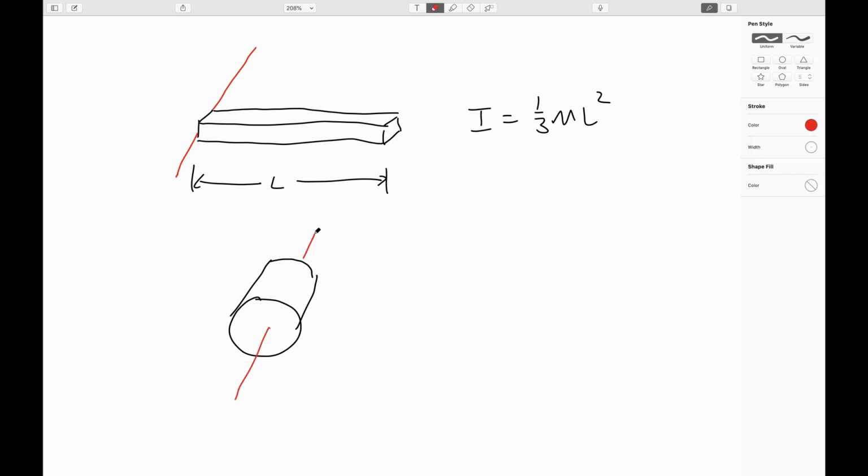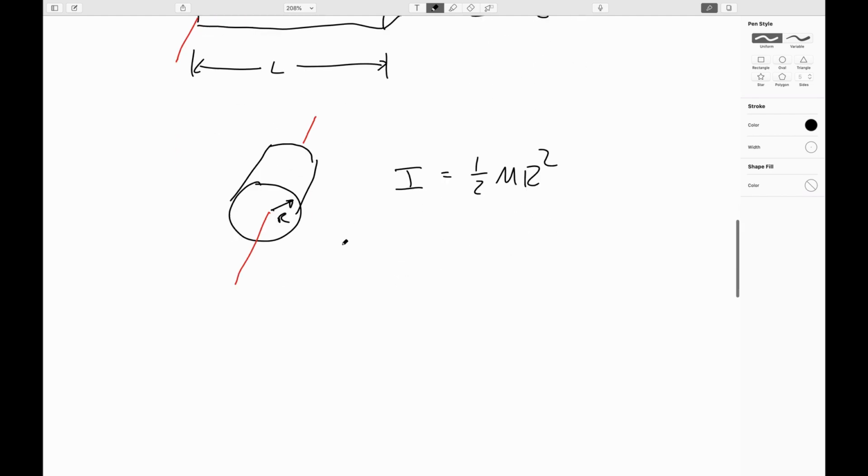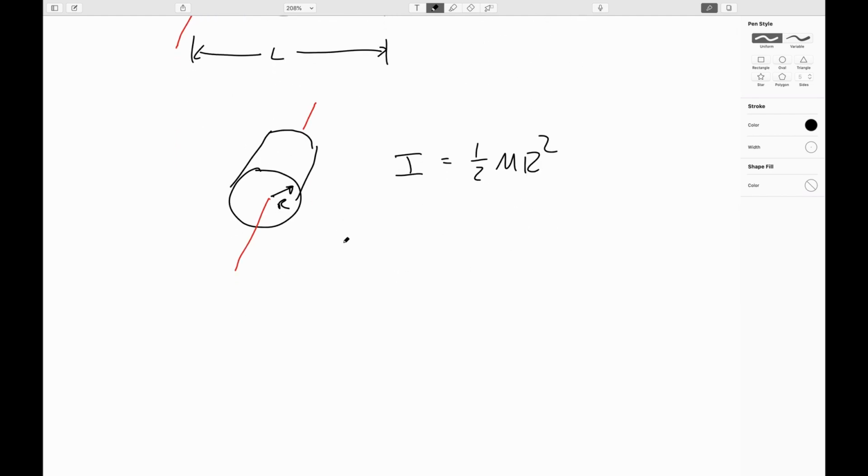So if you go look up, say, a cylinder, they will dimension in a radius here. So they'll say radius R. And then what they'll say for this is that the moment of inertia for this is 1/2 mr squared about its central axis. And this would be different than for a sphere. For a sphere, same deal.